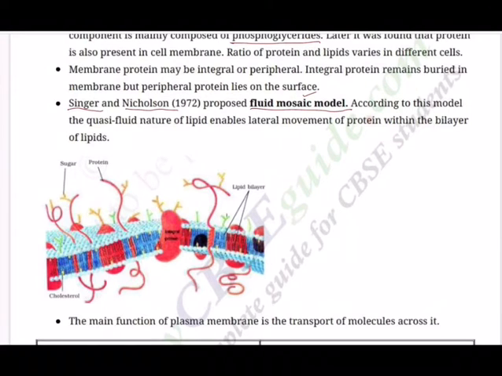As you are able to see here, you can see the lipid bilayer. Two layers are there, and in between the proteins are sandwiched. You have the cholesterol part of it, then the sugar part of it, all that.